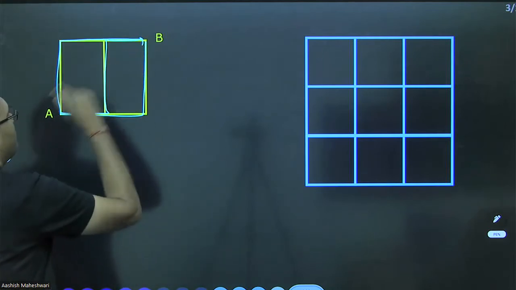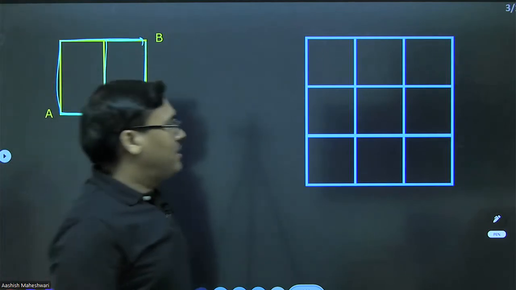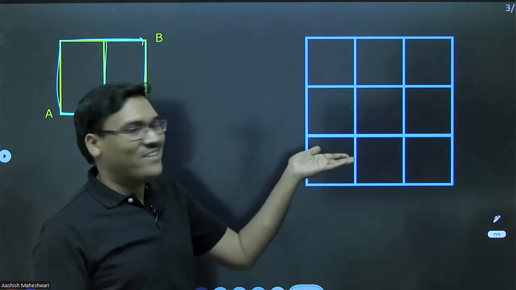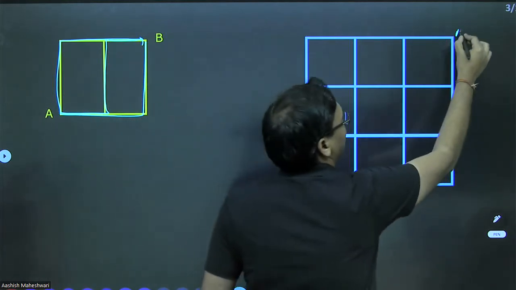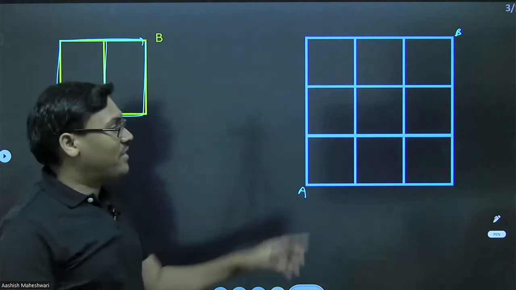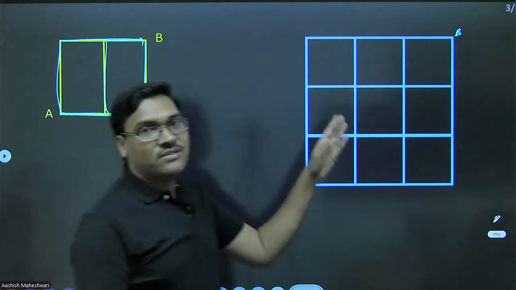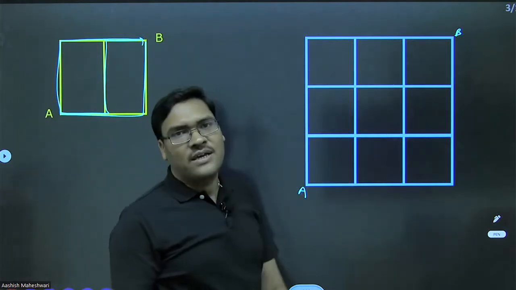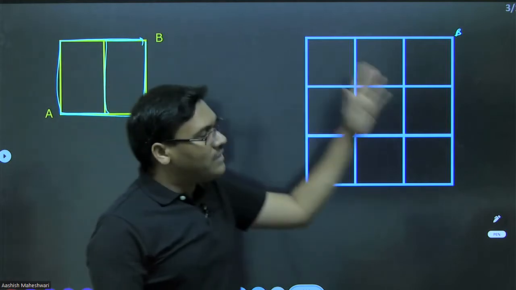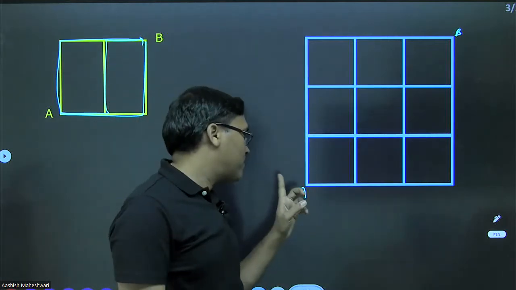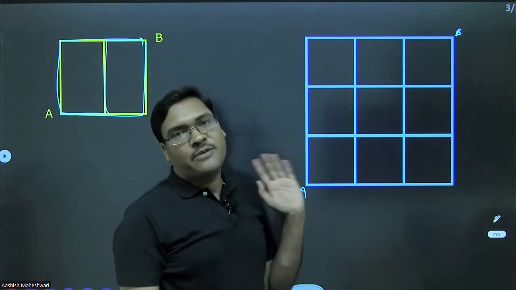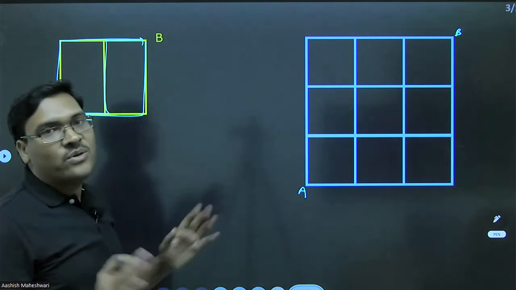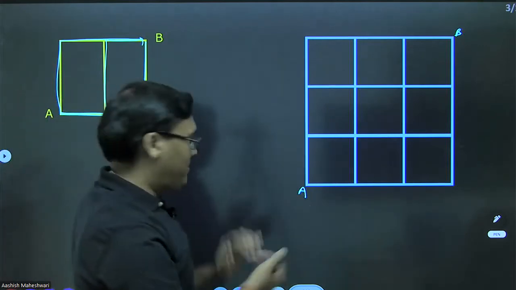There are 3 ways from A to B. Now, if I ask you about this larger grid, how many ways can you reach from point A to point B, then it is very difficult because you might miss some ways, as there are so many paths. So how do we mathematically derive the number of ways from A to B using only up moves or right moves? That is what we are going to discuss.